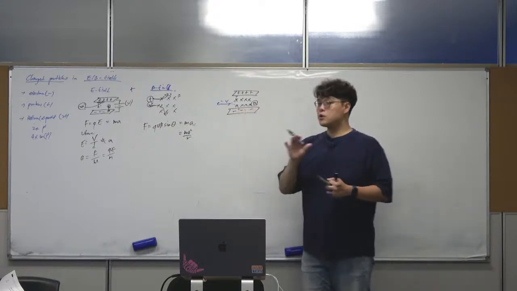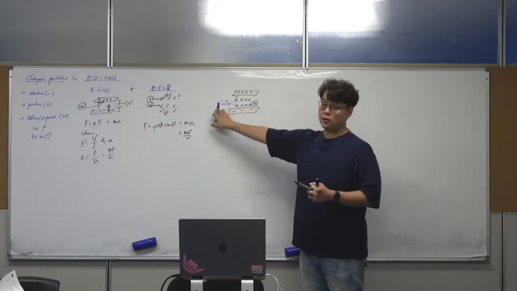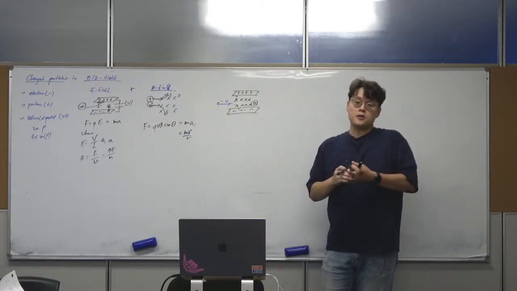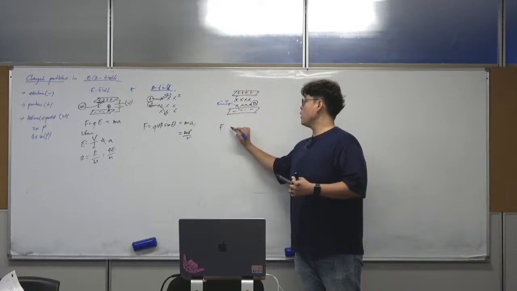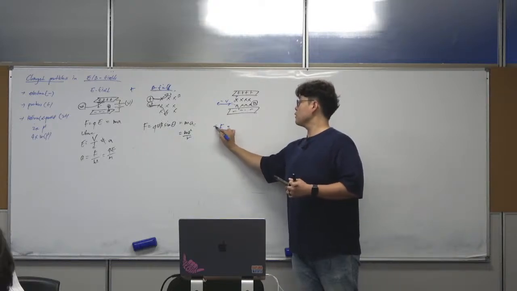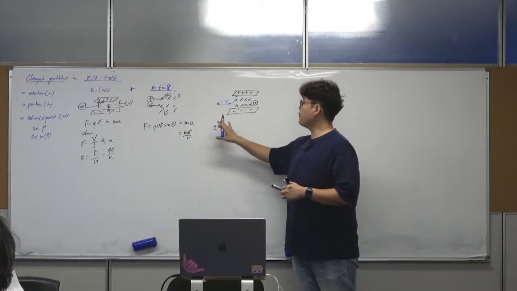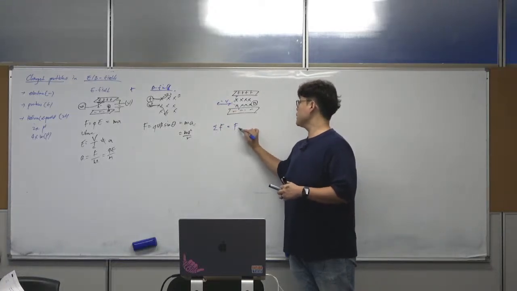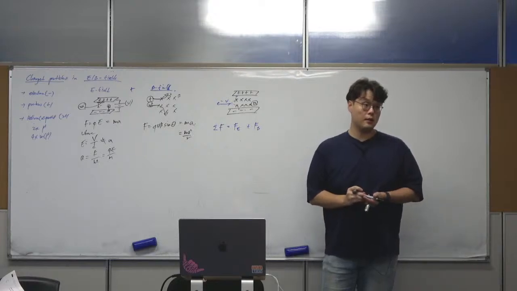So two different fields are applied on the same electron, creating opposite direction forces. Using module 2 again, the net force would be the force from the E field plus the force from the B field. Does it make sense?